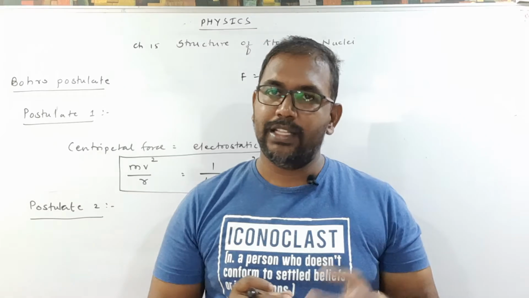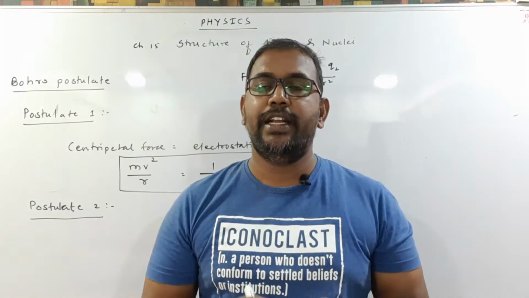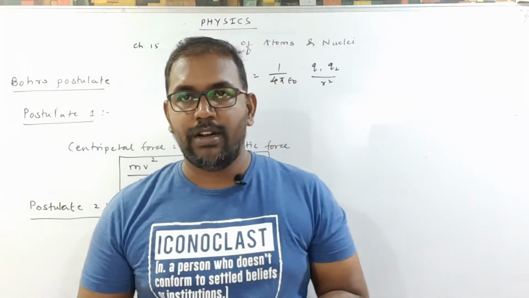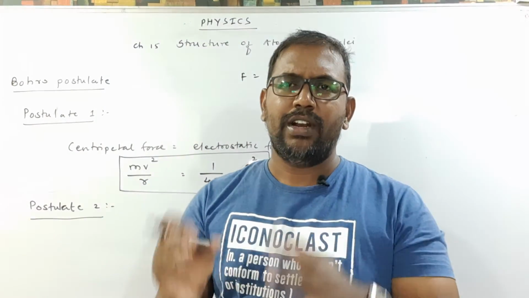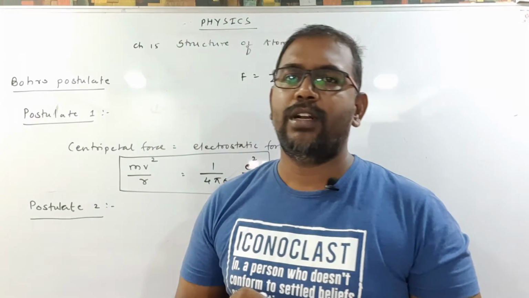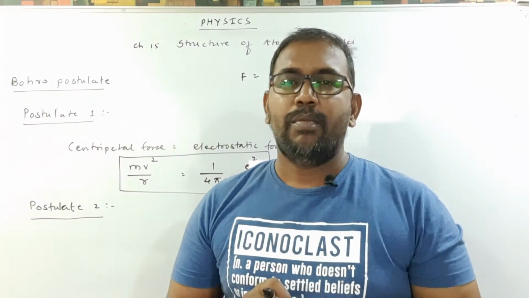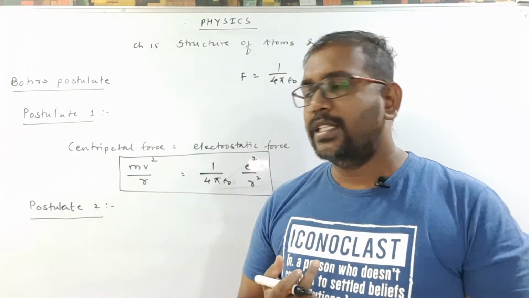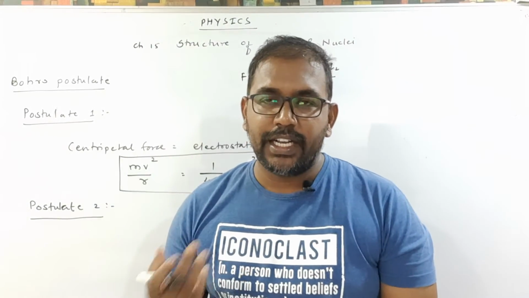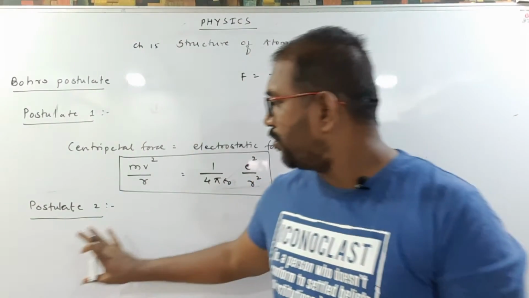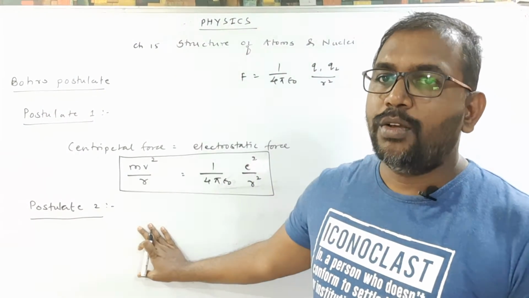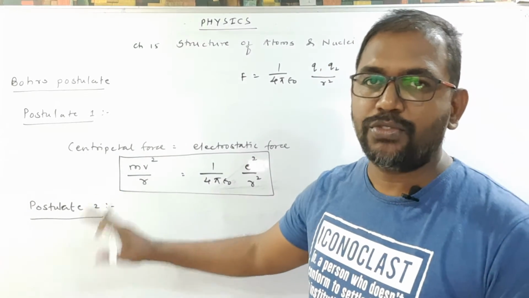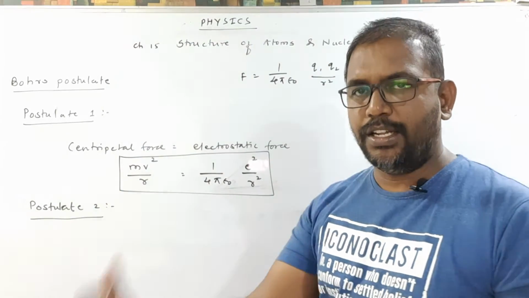If the electron is an accelerating charge, definitely it radiates energy, and according to Rutherford the electron radiates energy continuously, so the spectrum of energy would be a continuous spectrum. But later on it was found that the energy spectrum is not continuous. It means that the electron is not radiating energy continuously. So in postulate 2, Bohr wrote when it does not radiate energy, and in postulate 3 he wrote when it radiates energy.